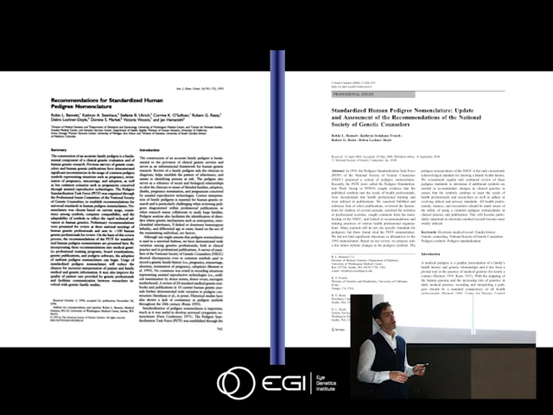To write a pedigree according to the rules, there are 2 papers, published in 1995 and 2008, and those 2 papers give us a nomenclature explaining all the symbols, everything that we need to know and understand, so that we can draw a complete and understandable pedigree.